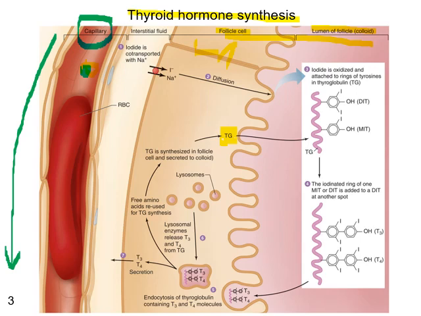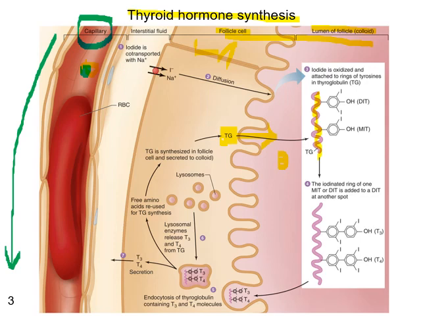So thyroglobulin is produced in the follicle cells, and then it is secreted into the colloid, the lumen of the follicle. So here is a cartoon of thyroglobulin in the lumen in the colloid.